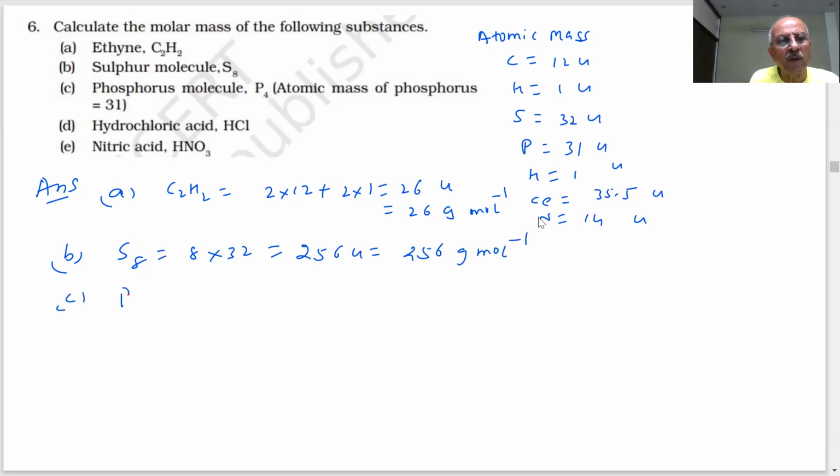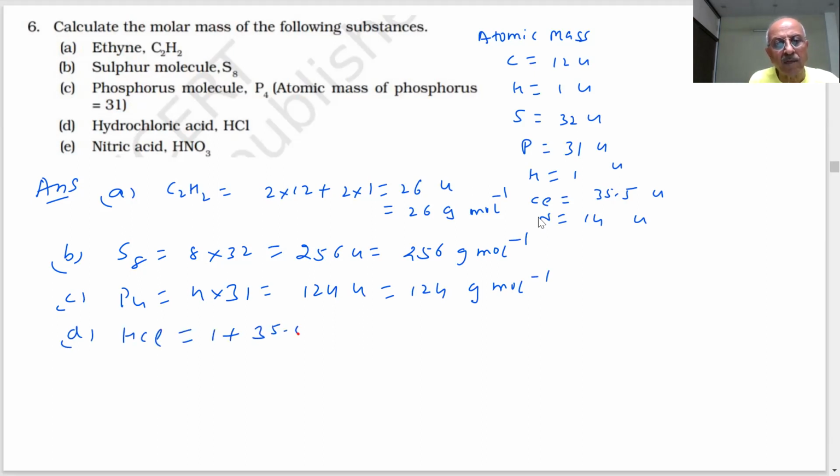Next, P4. How much is it coming? 124, which means 124 gram per mole. Next one, HCl. How much is that? 1 plus 35.5, which is equal to 36.5 gram per mole.